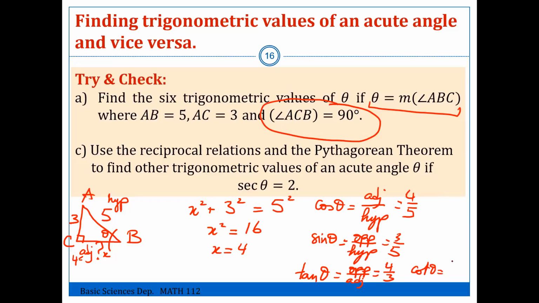Cotangent is 1 over tan, 3 over 4. Cosecant is 1 over sine, 5 over 3. Secant is 1 over cosine, 5 over 4.